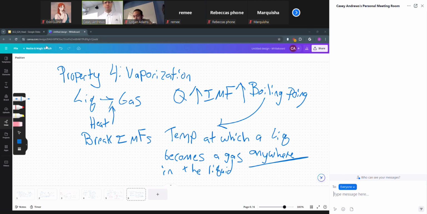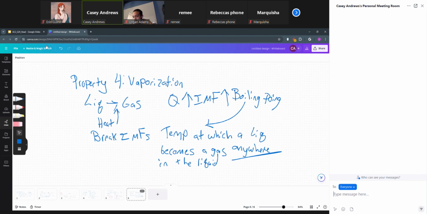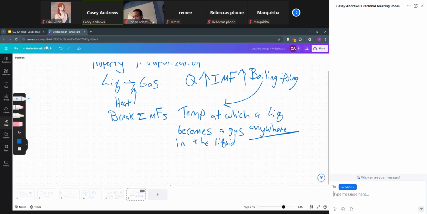Any questions about that idea? All right. I just want to throw out a little bit of vocab for you. We have some scientific terms to talk about this: volatile and non-volatile. So volatile simply means you vaporize easily.